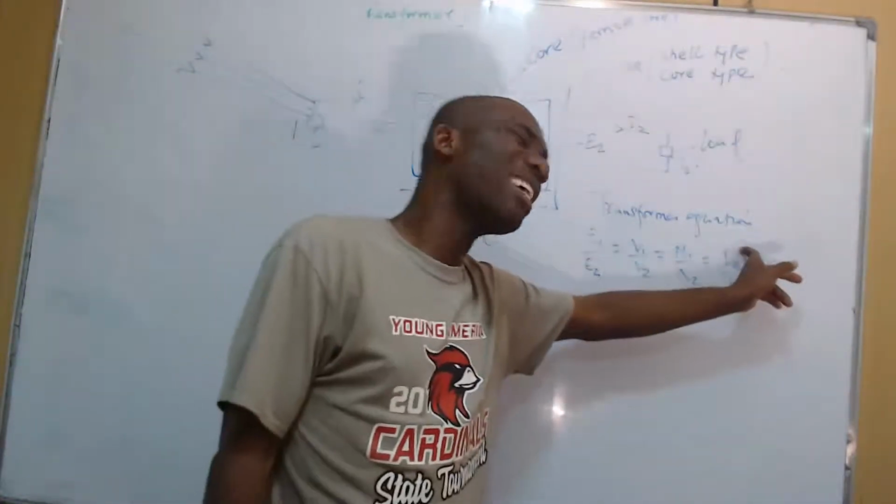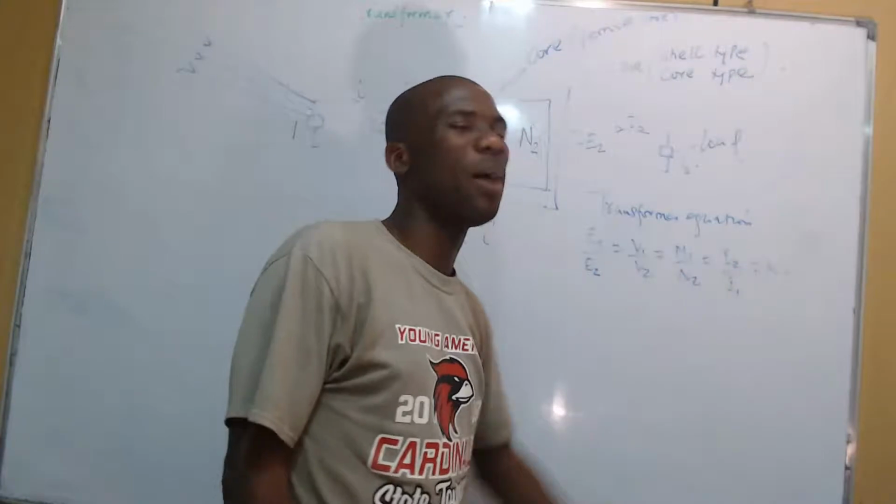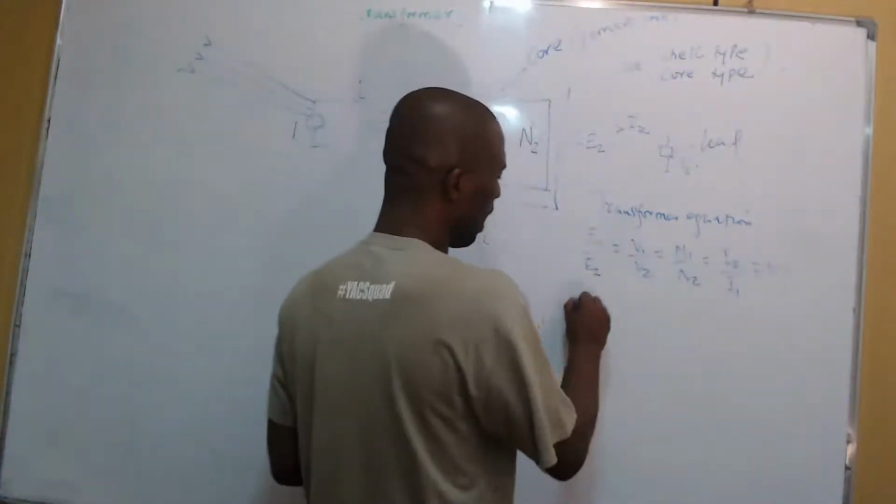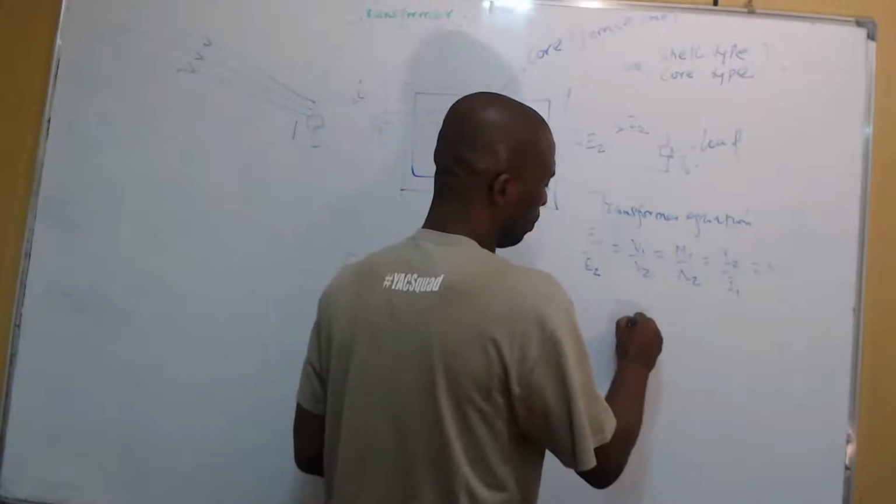Then this is the secondary current over the primary current. And then this is K. K is a constant. K is what we call the transformation ratio.